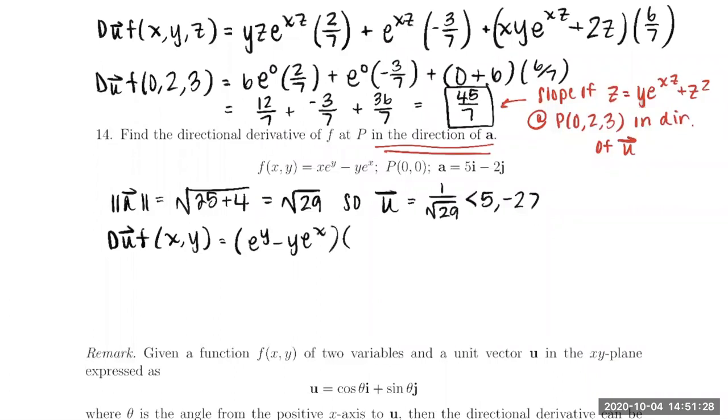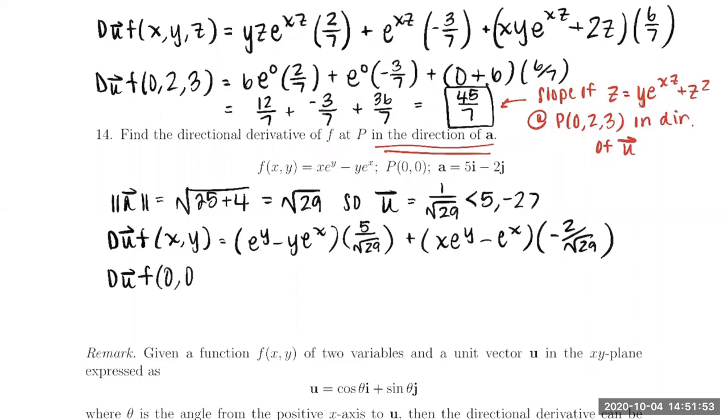And then I'm going to multiply by the x component of my unit vector, which is 5 over root 29. Similarly, I'm going to take the partial with respect to y, which is xe to the y minus e to the x. And I'm going to multiply by the y component of my unit vector, which is -2 over root 29. Finally, I'd like to evaluate this directional derivative at the point that I care about, which in this case happens to be (0, 0).